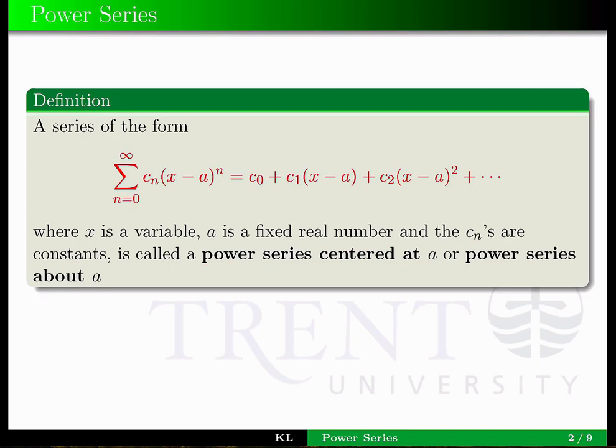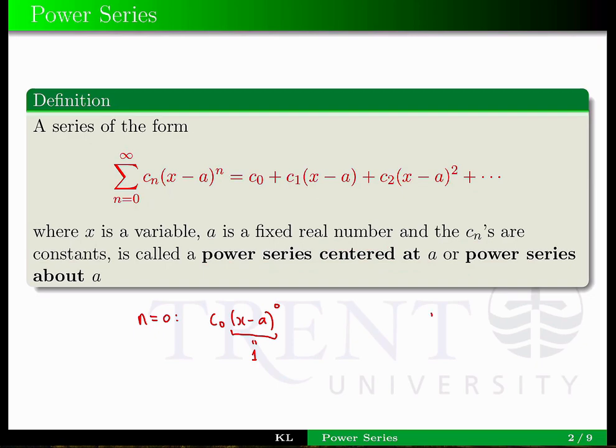A quick observation: when n equals 0, we get c sub 0 times (x minus a) to the power 0. This part here, we will just treat as 1, even if x is equal to a.